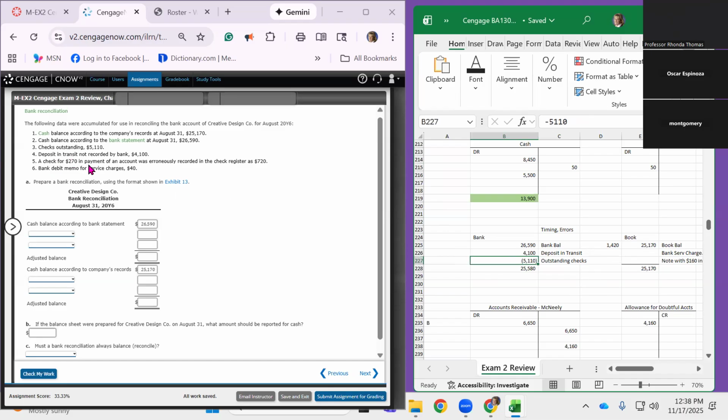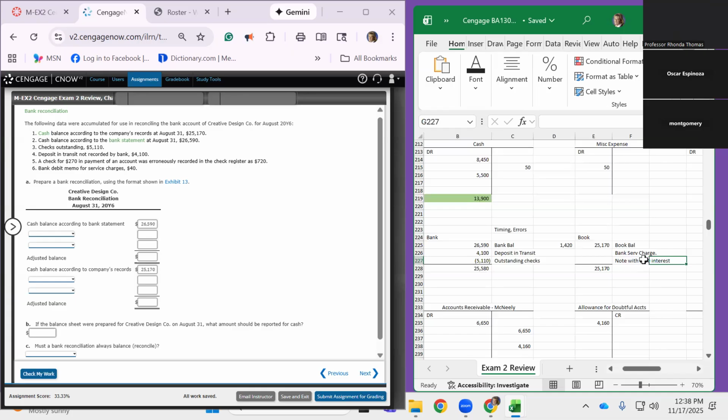Then we have a check for $270 in the payment of an account that was erroneously recorded in the checking account for $720. So this is going to be an error. Okay. And we wrote it for $270. But we recorded it in the check register as $720. So this is what I call a good error.